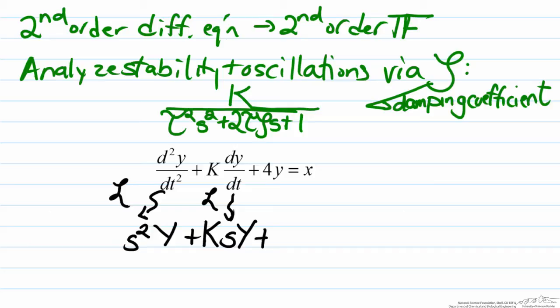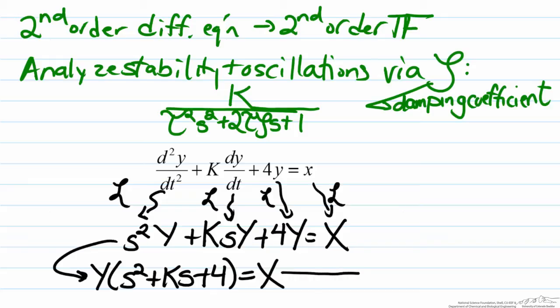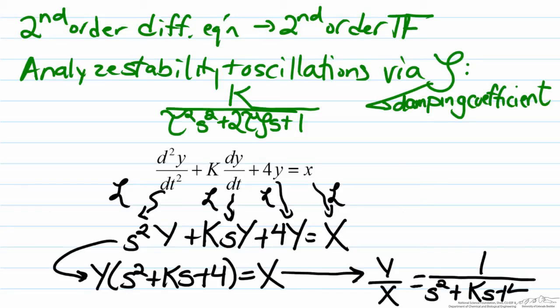The Laplace transform of 4y will simply be 4 multiplied by the Laplace variable y, and the Laplace transform of the variable x will just be x. If we factor the y out of the left-hand side, we end up with y multiplied by s squared plus ks plus 4 equals x, giving us a transfer function of y over x equals 1 over s squared plus ks plus 4.